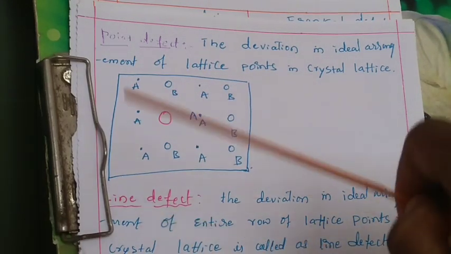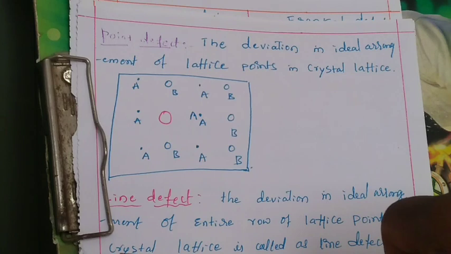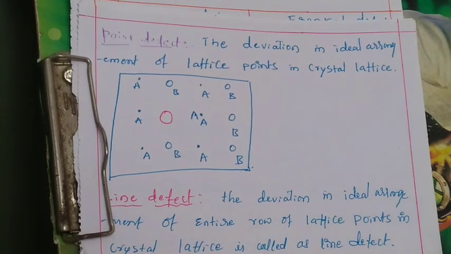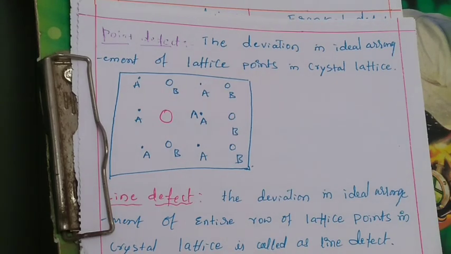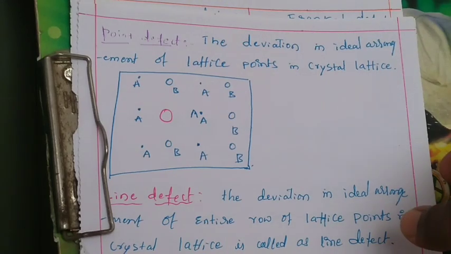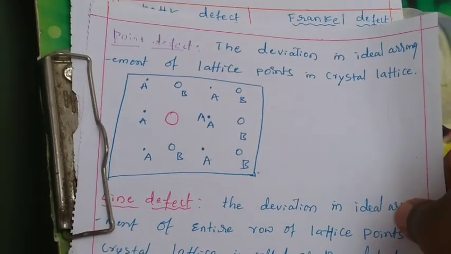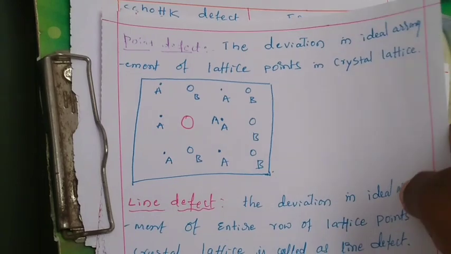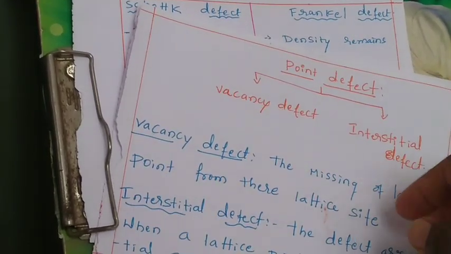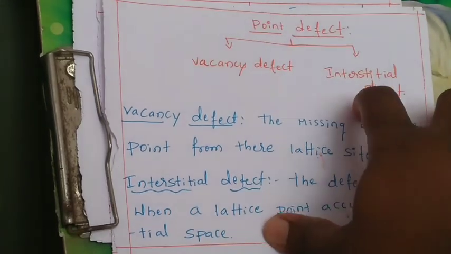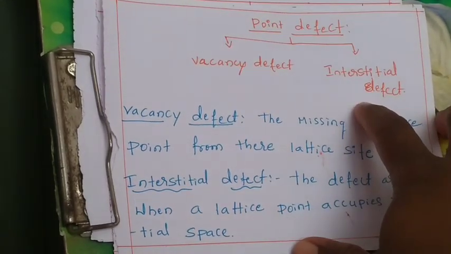Next, line defect. The deviation in the ideal arrangement of the entire row of lattice points in the crystal lattice is called as line defect. This point defect is further classified into two types, that is, vacancy defect and interstitial defect.